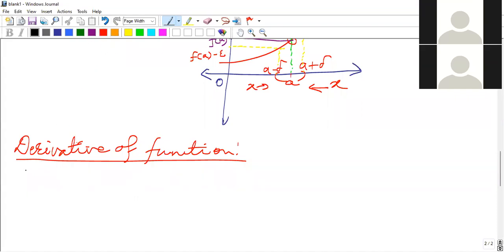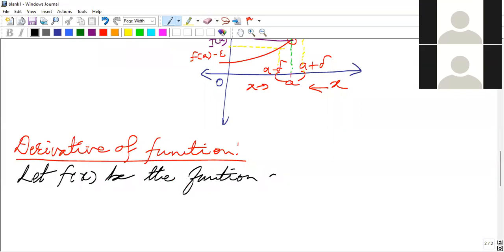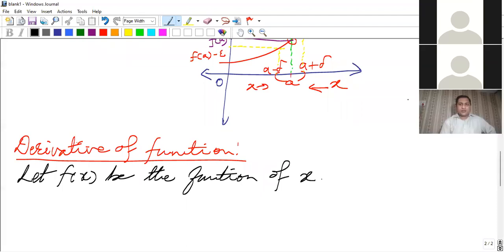So we need to define a function. So suppose f of x is a function of x. Okay, so first we need to have the function. Please lower your hands now.